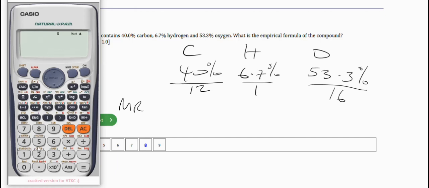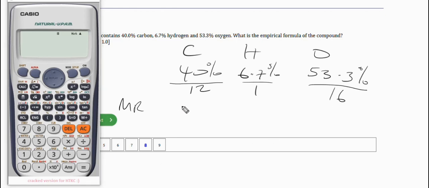Then what of 53.3 divided by 16? So we still have 3.33. Okay, so guys, let's just leave it in two decimal places.